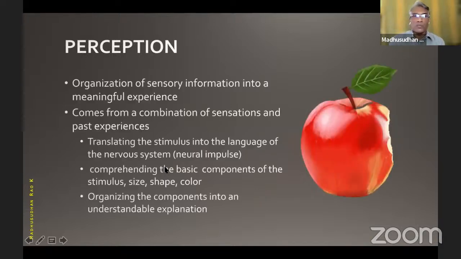Now, as I already told you, what is perception? It is simple. Previously, I gave you lengthy explanation, now I cut it short: organization of sensory information into meaningful experience. Meaningful experience comes from the combination of sensation and past experience.